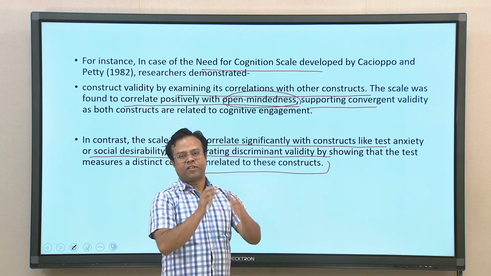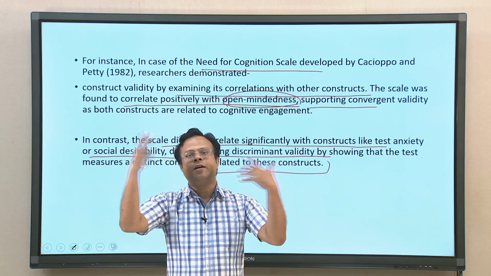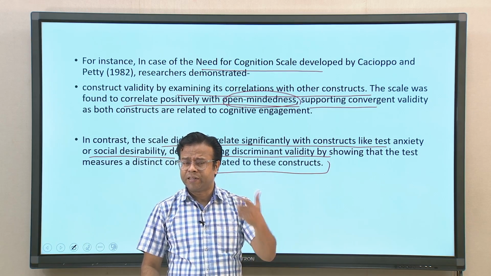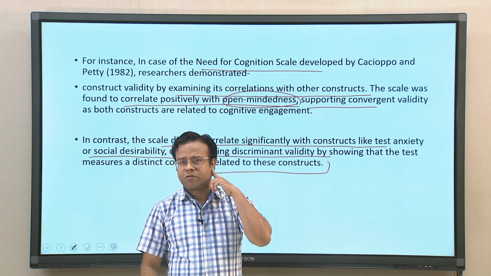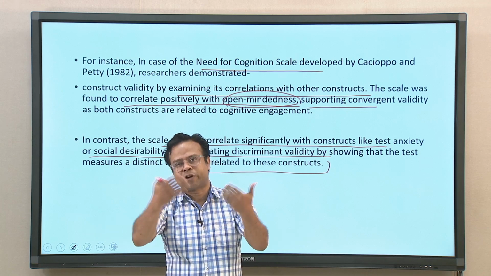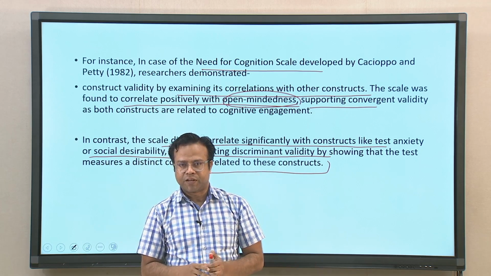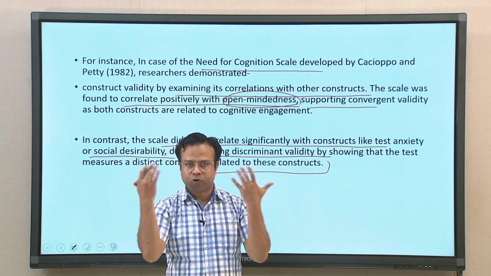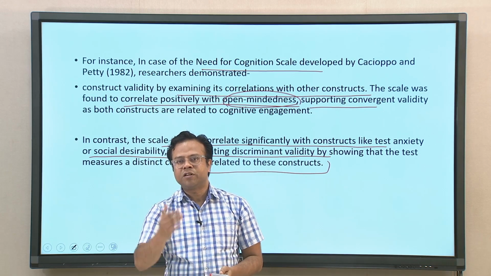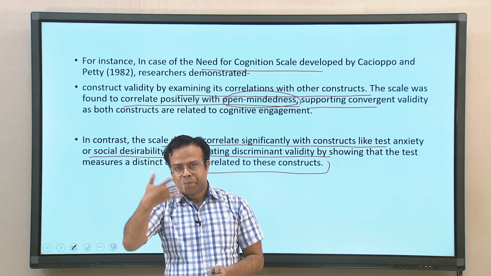So, when the score of the test was correlated with other tests of very unrelated concepts like test anxiety or social desirability, they found these are not strongly correlated with this concept. Theoretically they should not be correlated, and they are not actually correlated. So, that establishes discriminant validity. This is an example that shows how a researcher establishes construct validity using convergent as well as discriminant validity concepts empirically.